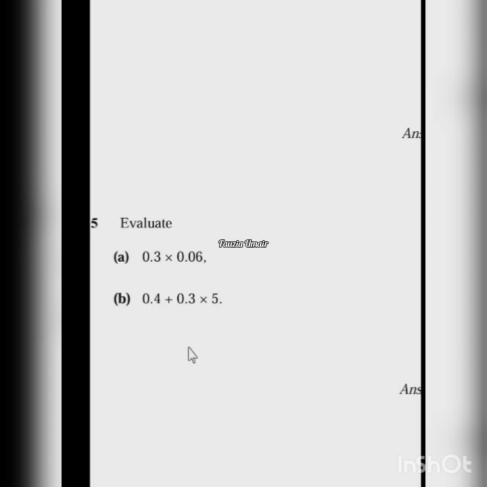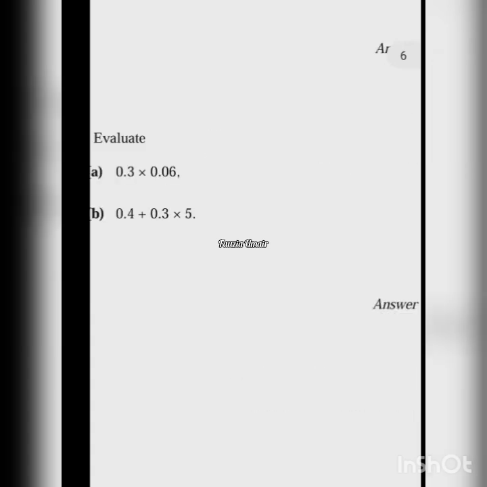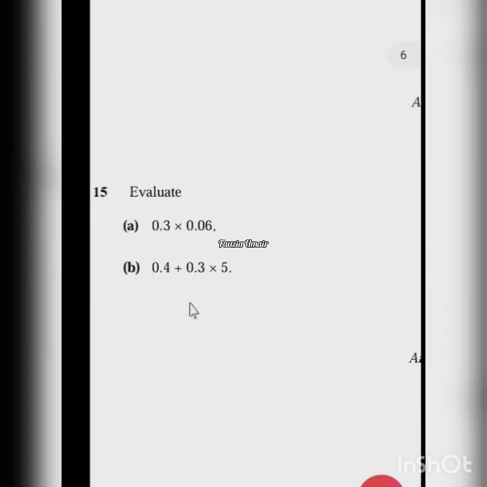Which topic is this question from? BODMAS. Whenever there are more than one operation, you need to decide. So first you multiply, so 1.5. We will not change 0.4. How much will it be, beta? 1.5.